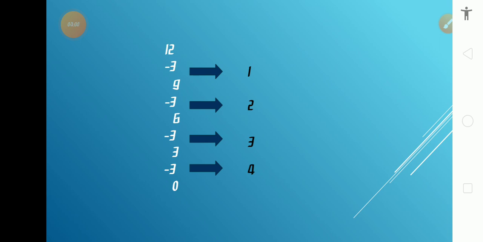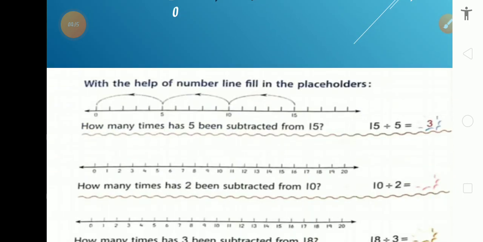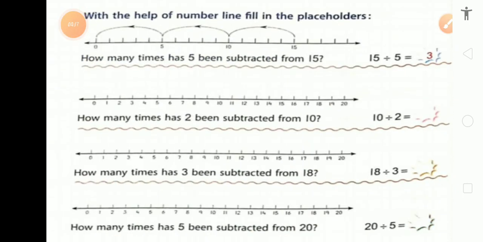So children, this is called division by repeated subtraction. Okay children, I hope you can understand the concept. Now here we have some questions and by using the number line we can solve them.